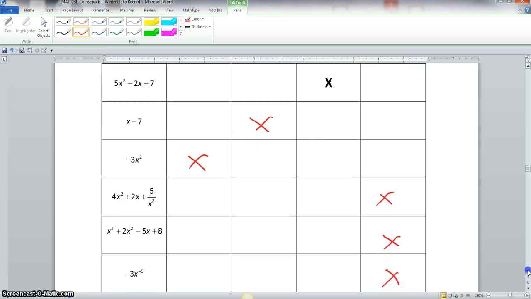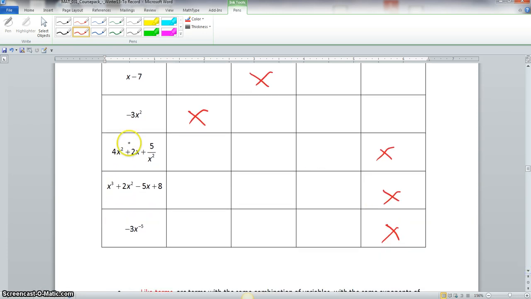Now we scroll down here to these last three expressions. If you notice here, this denominator has the variable squared, so this exponent is really negative. In a polynomial, your exponent must be a positive integer, well, 0 or a positive integer.